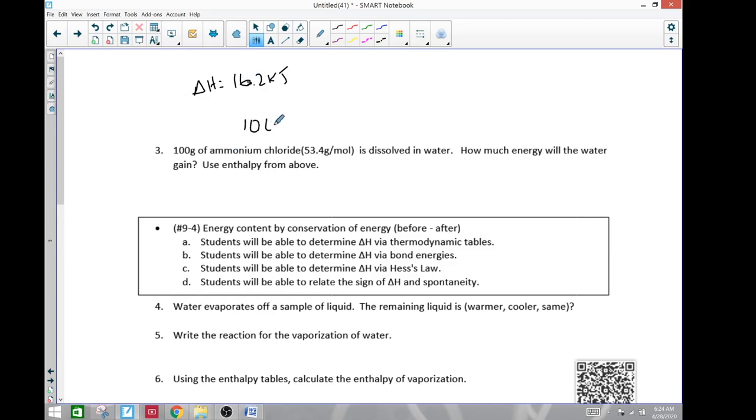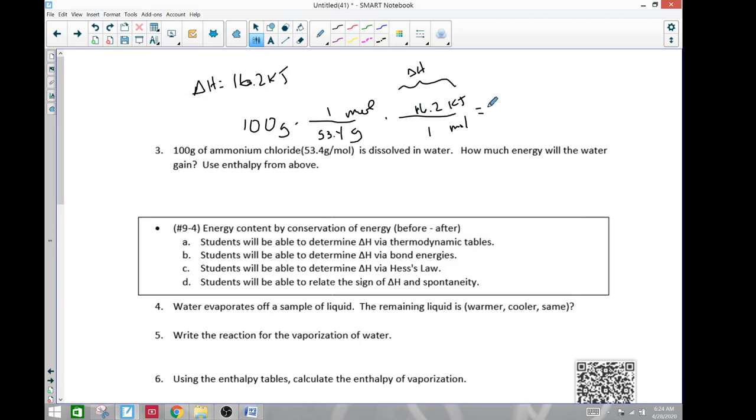All right, so let's do it this way. 100 grams, get rid of grams, and go to moles. 1 mole is equal to 53.4. Get rid of moles and go to kilojoules of energy. This right here is delta H. So 1 mole equals 16.2 kilojoules.